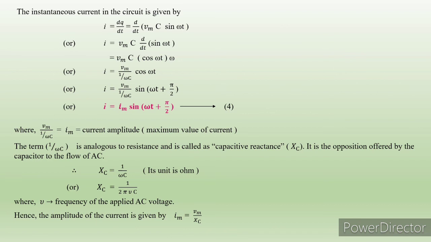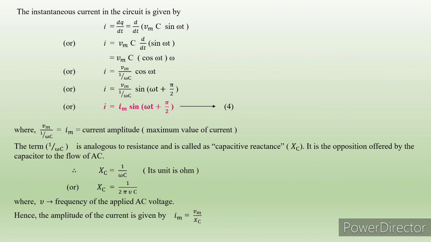The term 1 by omega C is analogous to resistance and is called capacitive reactance Xc. It is the opposition offered by the capacitor to the flow of AC.